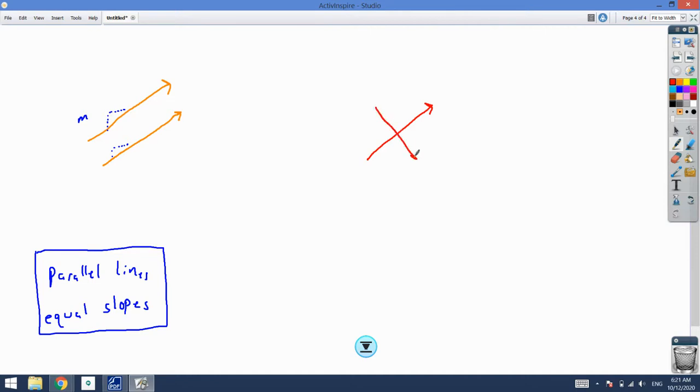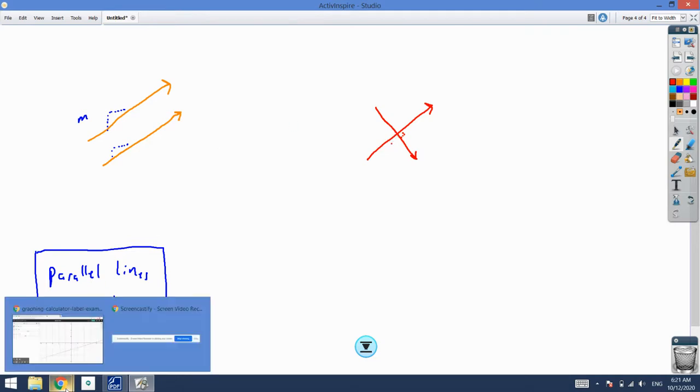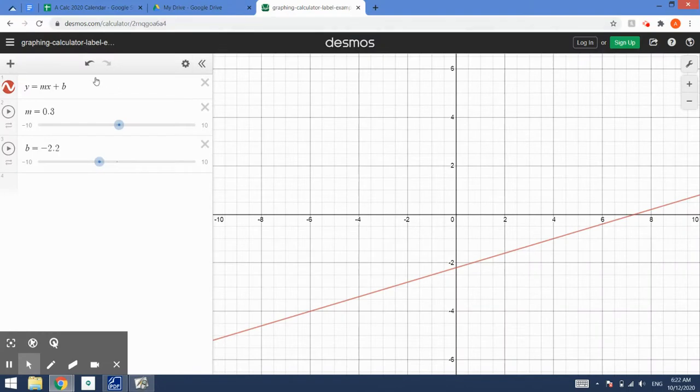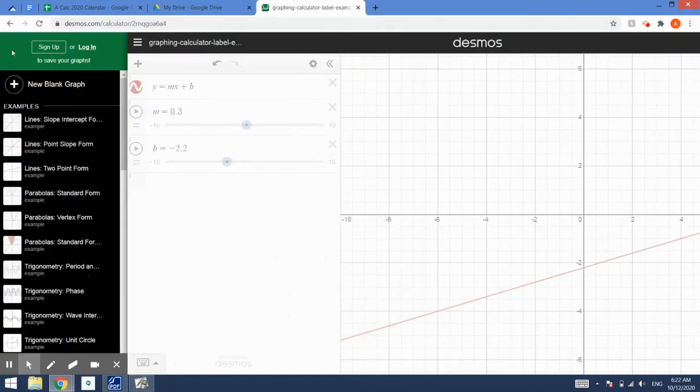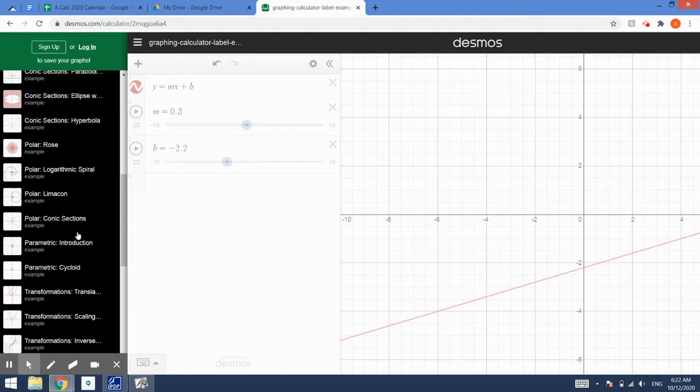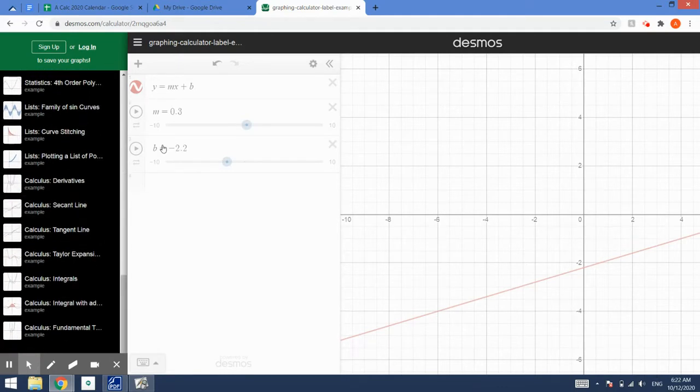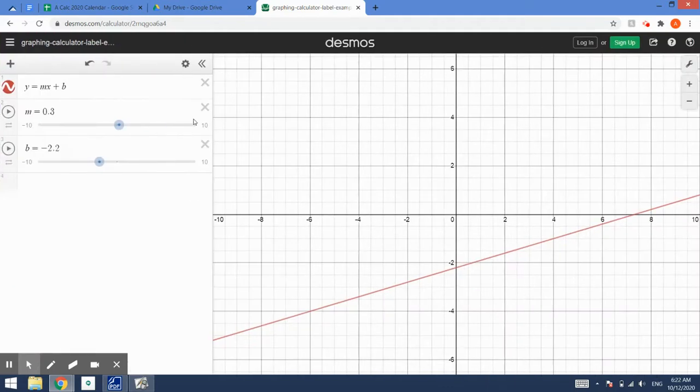So lines that cross at a right angle, you notice that the slope of one, well, we know that the other one is going to be negative, but if you're to take a look at what the negative is, so this does not have negative slopes, so you have to create your own.